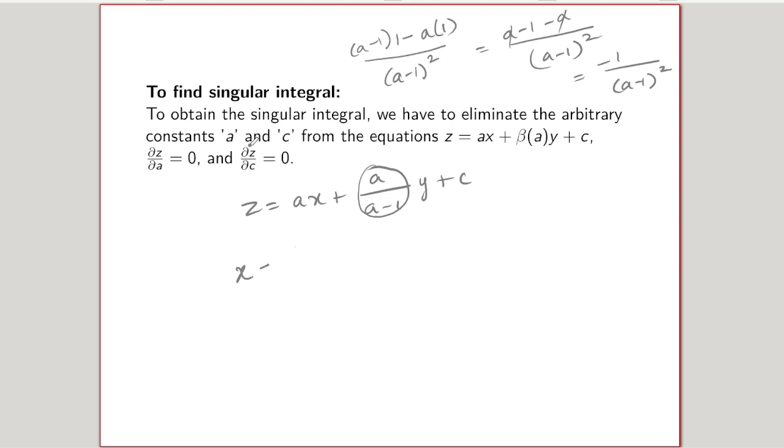So the derivative is minus 1 by a minus 1 the whole square into y, plus 0 is equal to 0. And next, differentiating the complete integral with respect to c, we'll be getting 1 is equal to 0. So there is no singular integral for this type.